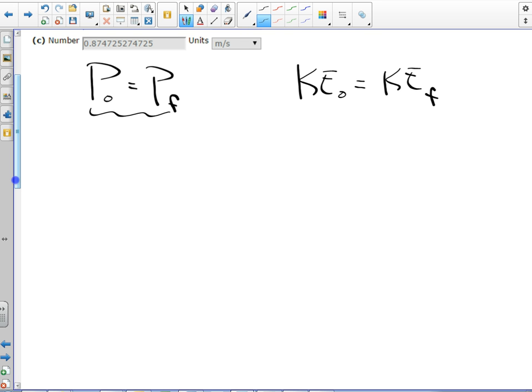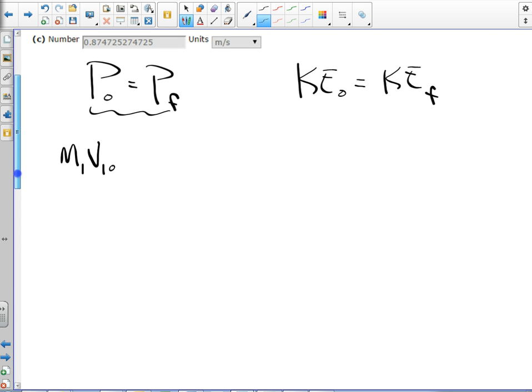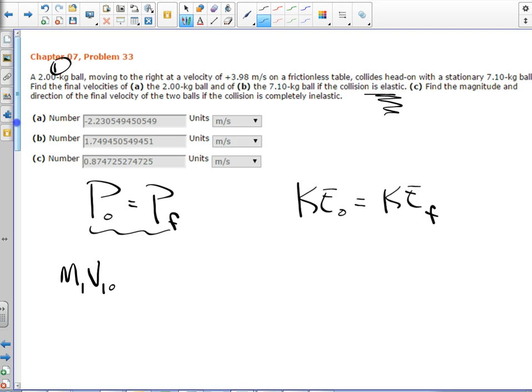The initial momentum is going to be m1 v1 initial. Now I'm referring to 1 as ball 1, of course, and 2 is ball 2, which, by the way, is stationary.